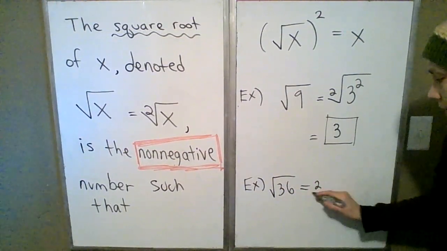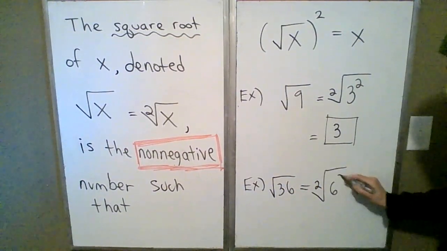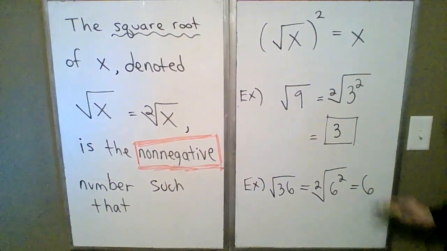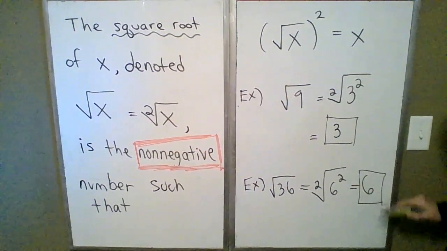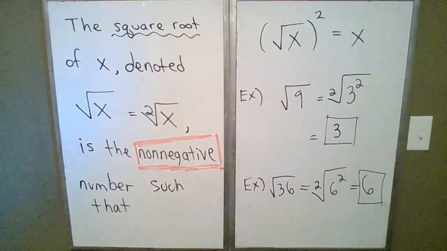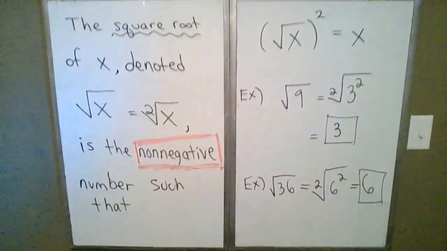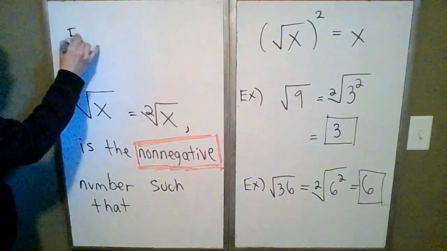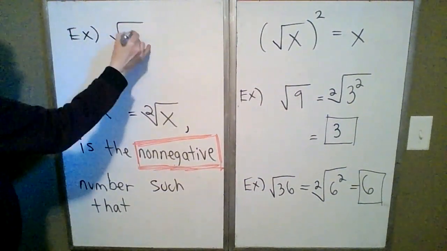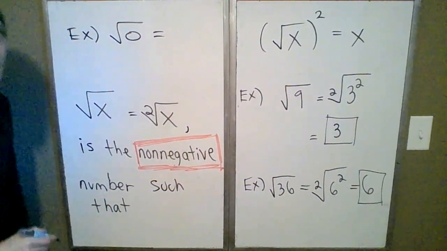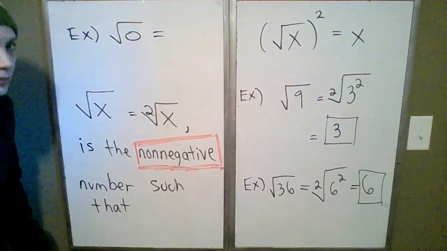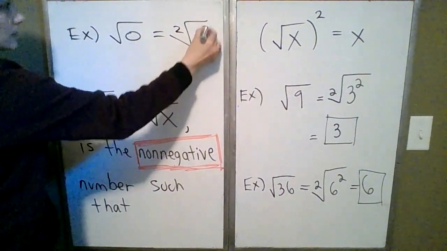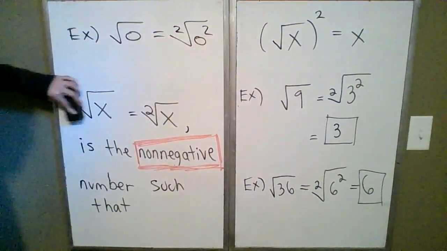It's a square root of positive 6 squared, which is positive 6. Let's do square root of 0. You could write this as square root 0 squared, which is 0.